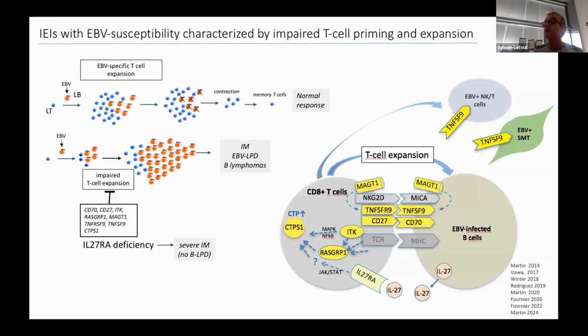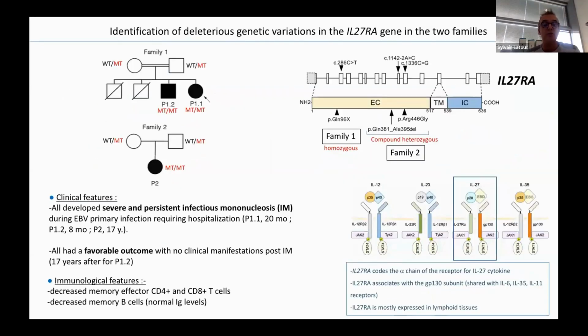Interestingly, these patients only present severe infectious mononucleosis, as you can see here. These patients all developed severe and persistent infectious mononucleosis during primary infection, requiring hospitalization, but importantly, all have a favorable outcome without clinical manifestation, for one, 15 years after the infectious mononucleosis.